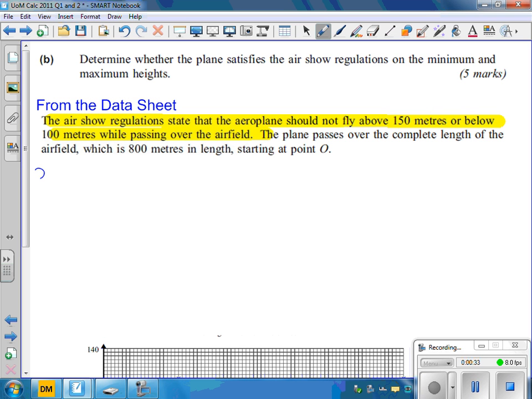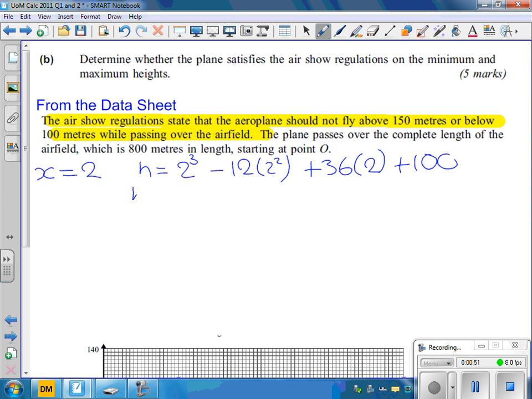So when x is 2, you've got at the start of the question that h is x cubed minus 12 times x squared plus 36 times x, plus 100. If you put that straight into your calculator, you should get a height of 132 meters.